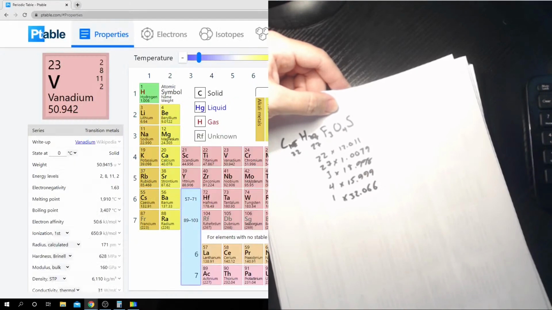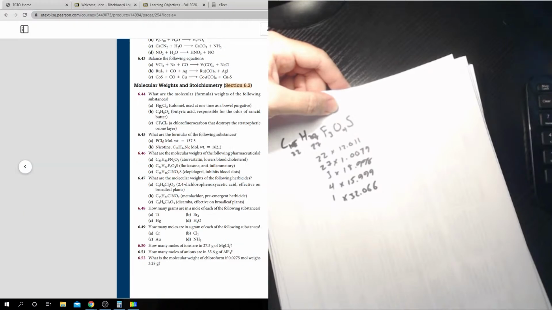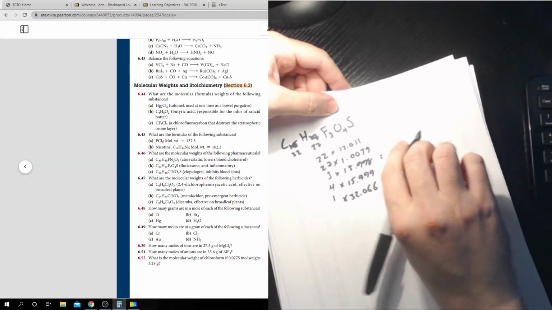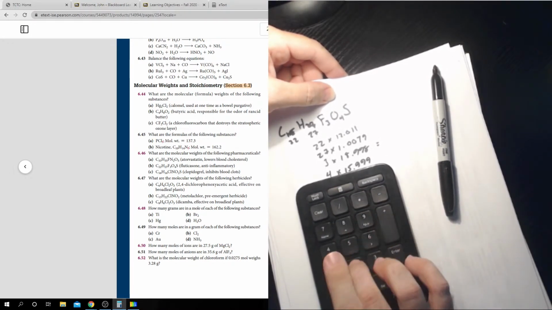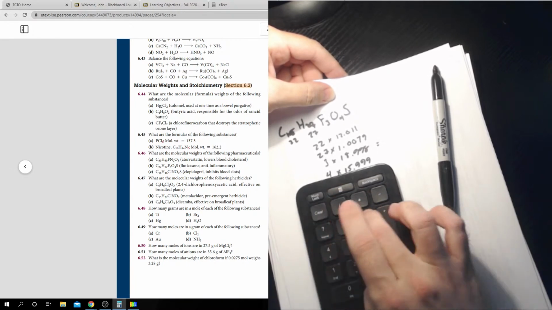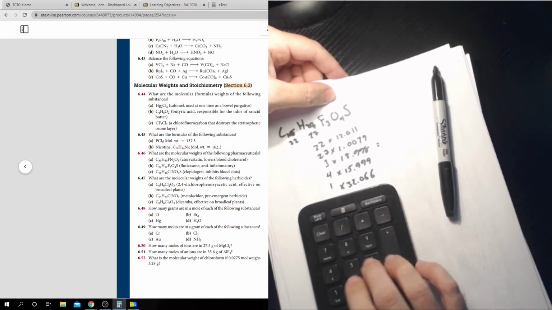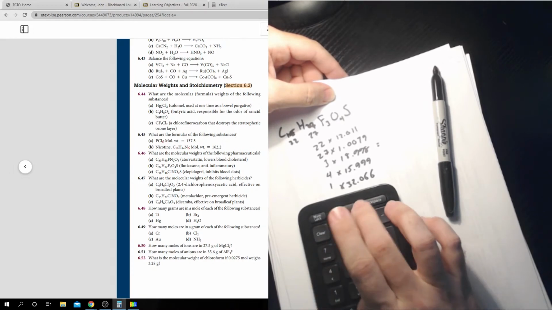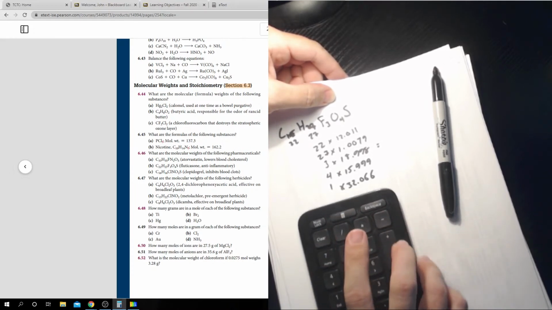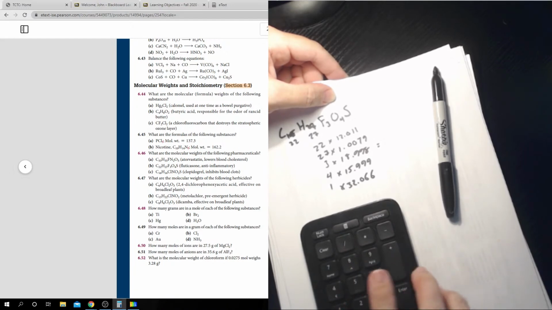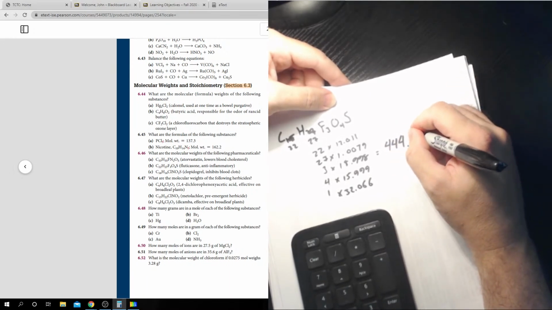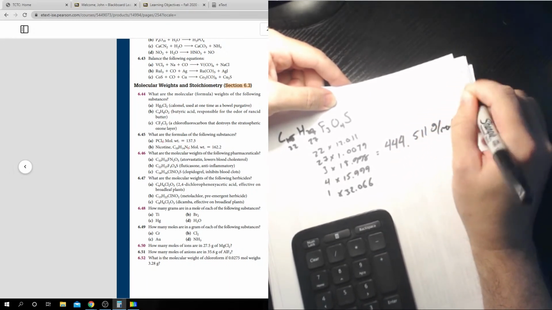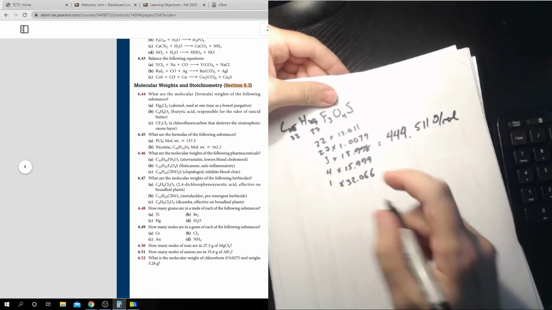That is sulfur, yes? Yes. 444.511 grams per mole.